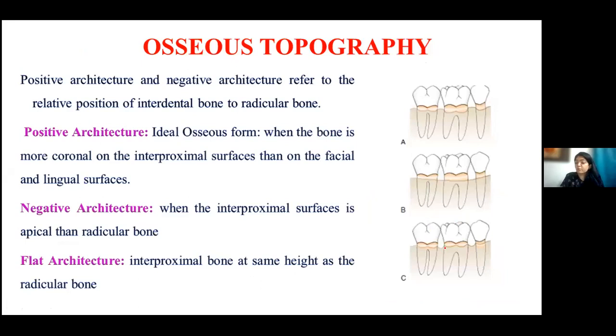There'll be no pocket formation. If we just make this flat, then when we put the gingiva back, it will close over here, so your pocket will not be present anymore. Otherwise, if this is the case, there will always be a gingival pocket, because the gingiva always follows the bone, right? So this is what I'm trying to explain to you, the indication for any osseous resection.